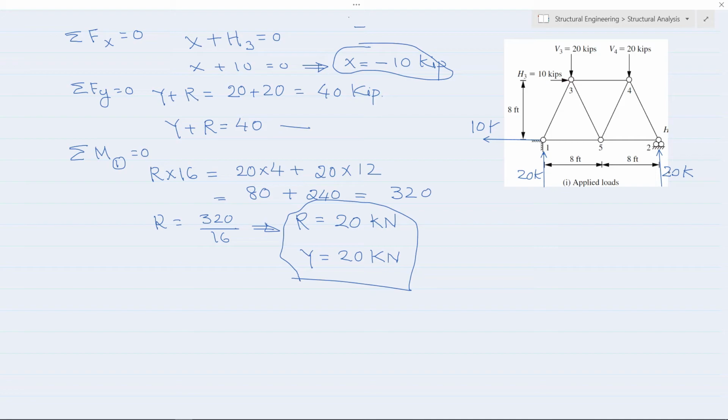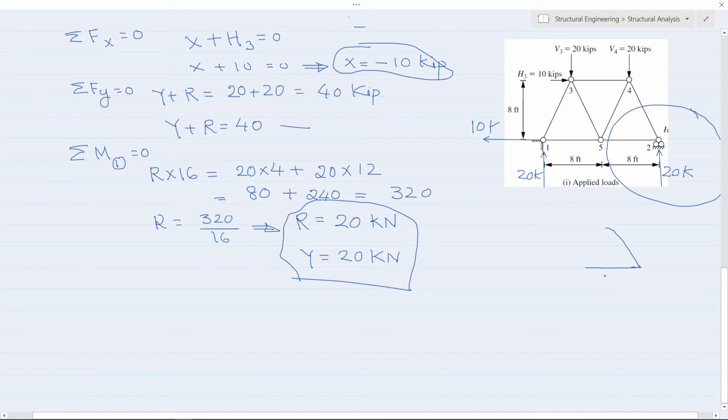Now we want to know the internal forces in this member. So what we can do, we can take, say for example, this node and see what's happening over here. We can draw one member like this, another member like this. There are 2 members.